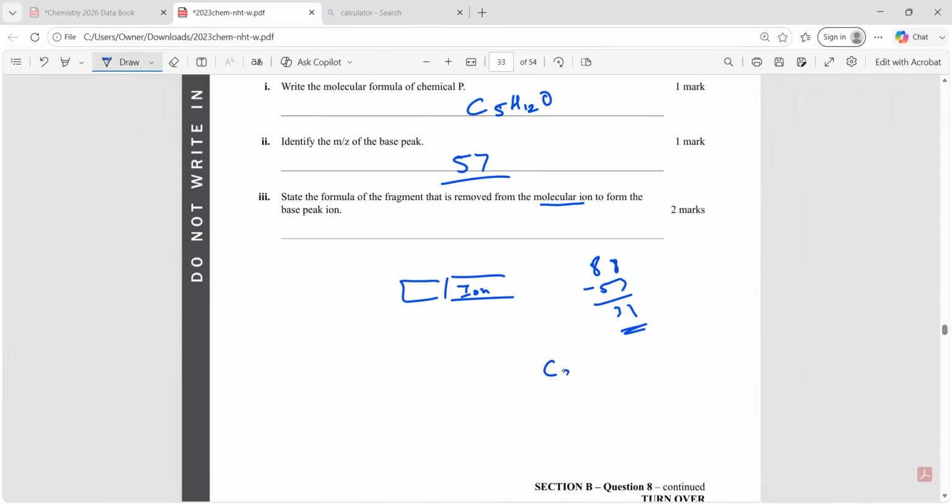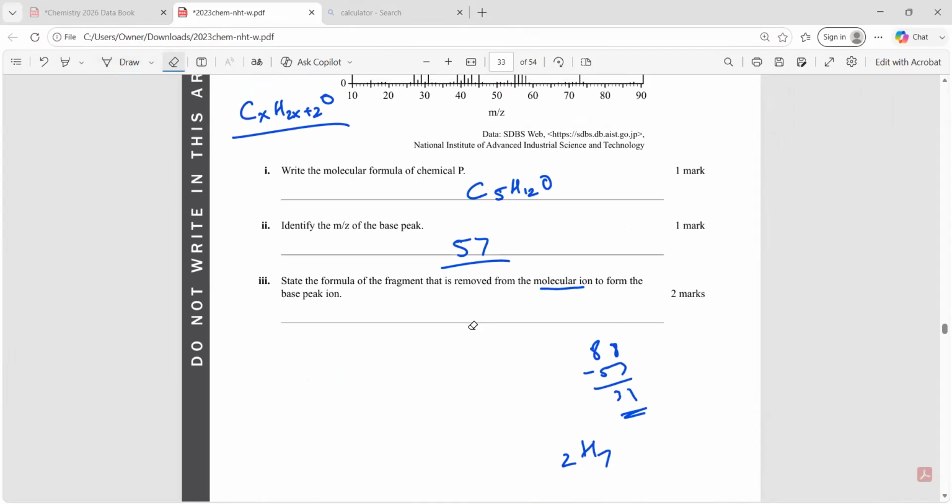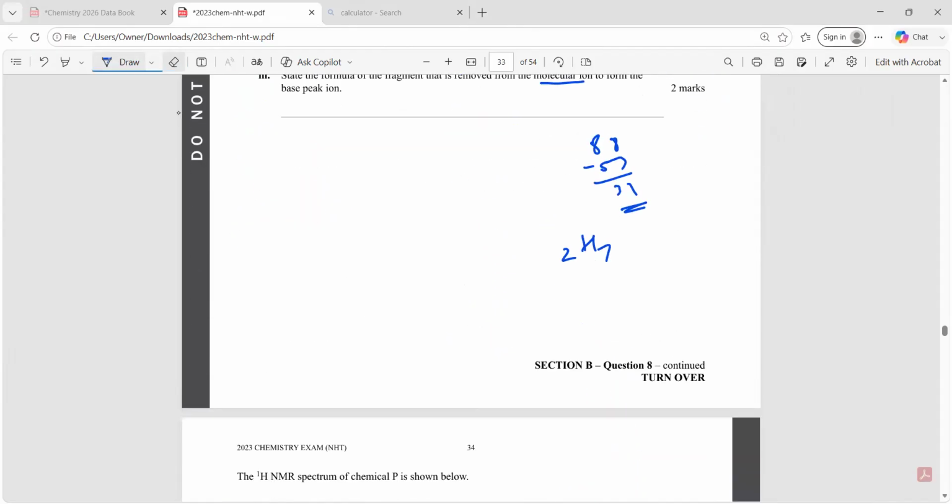Probably need an oxygen in there or something like that then, for 31. Cool, so let's draw it out.